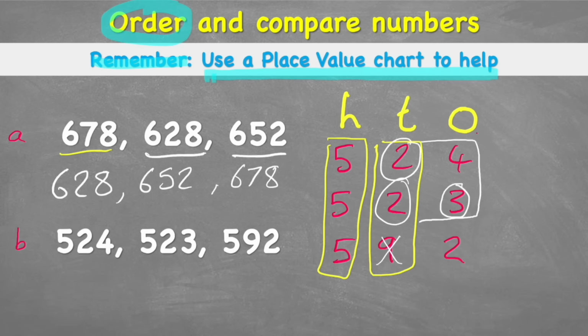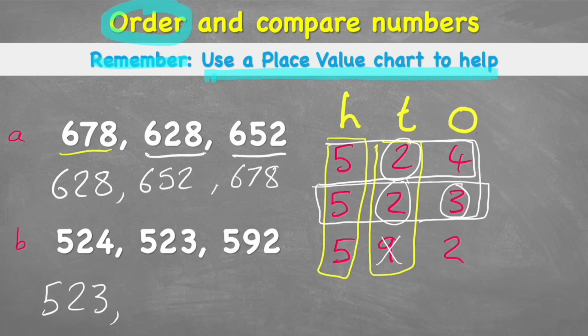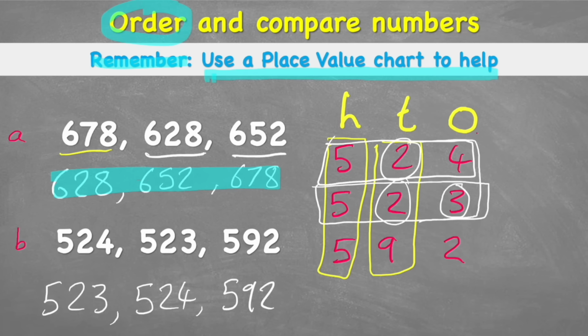So therefore my smallest number is 523. My second smallest would therefore be 524. And the only number that had a 9 in the tens column is our 592.